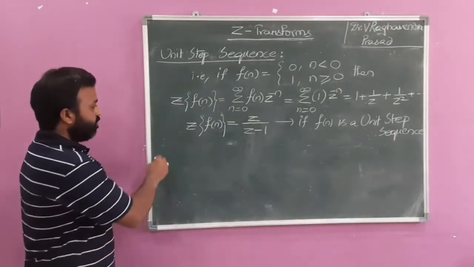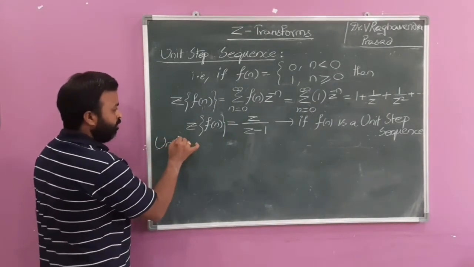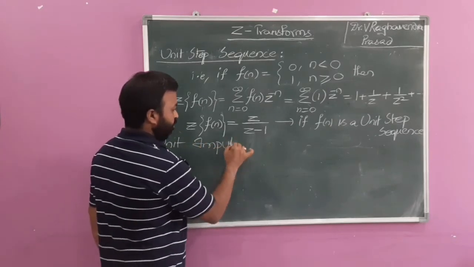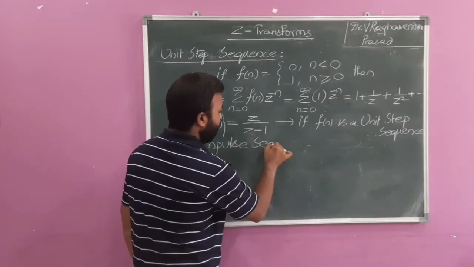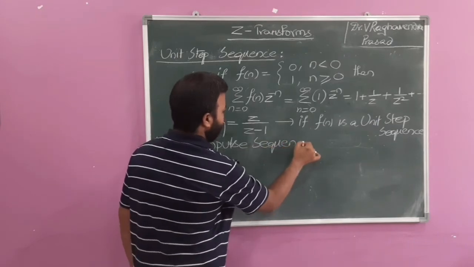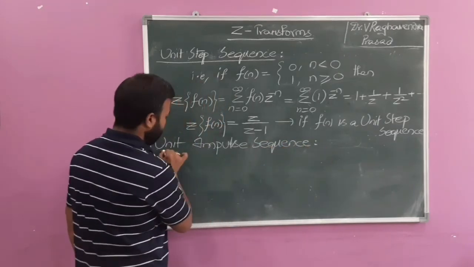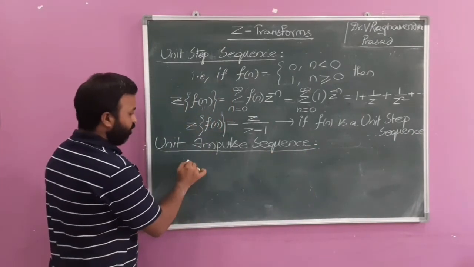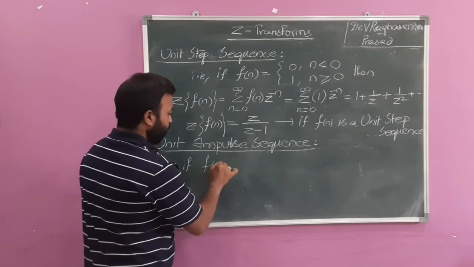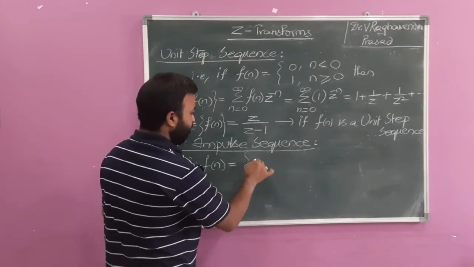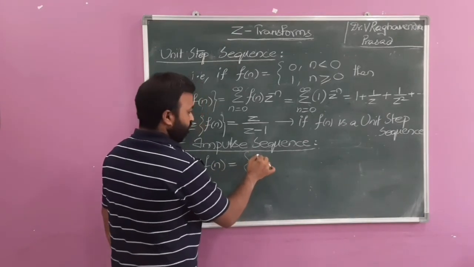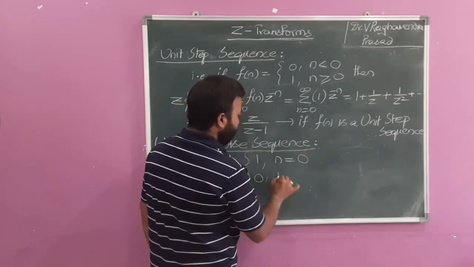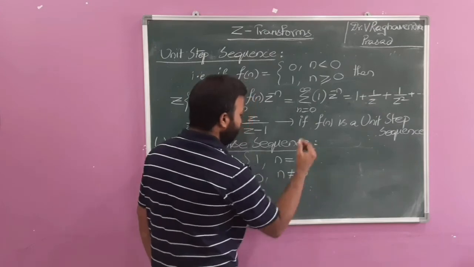Next, we will see the z transform of the unit impulse sequence. The unit impulse sequence is defined like this: f of n equal to 1 when n equal to 0, and 0 for other values, that is n not equal to 0.